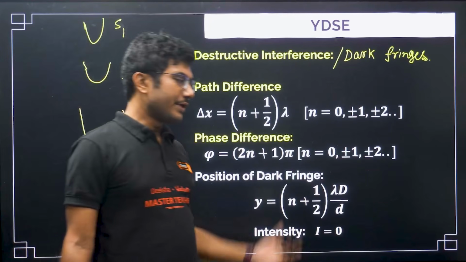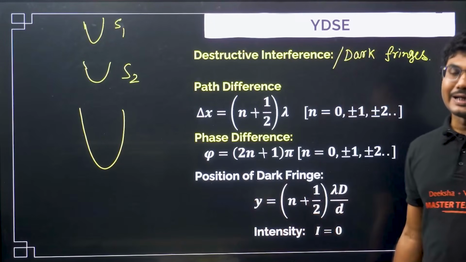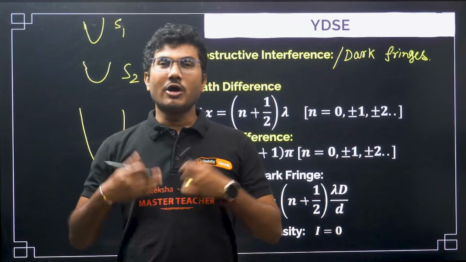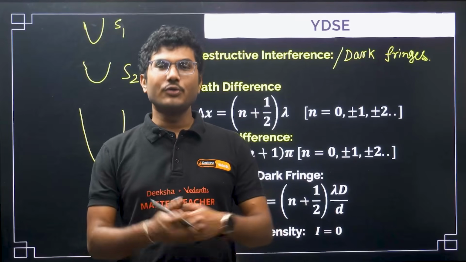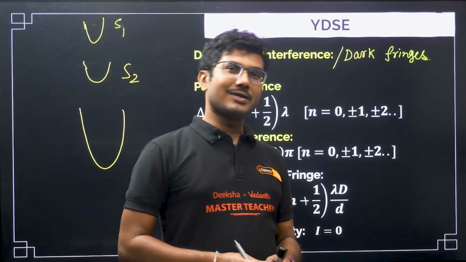So, it may appear that during interference, the intensity of light I naught plus I naught is not always 2 I naught, it is coming out to be 4 I naught. Similarly, I naught minus I naught is 0.